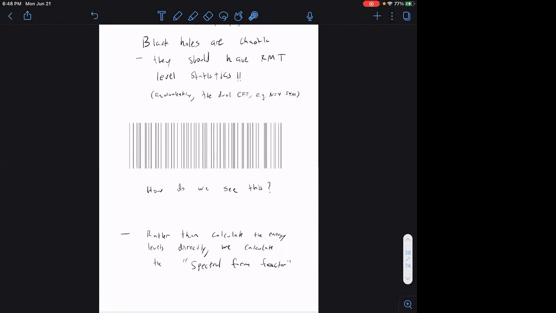So here on this page, I have this picture. Maybe I should have put this in earlier, but I put it in at the last minute. This is an example of the energy spacings for a chaotic system with these random matrix statistics. Specifically, this is the energy levels for the SYK model, which is related to simple black holes. So we can see some of these features that we're talking about. None of the energies are too close to each other.